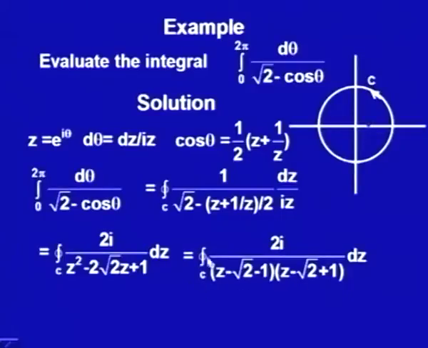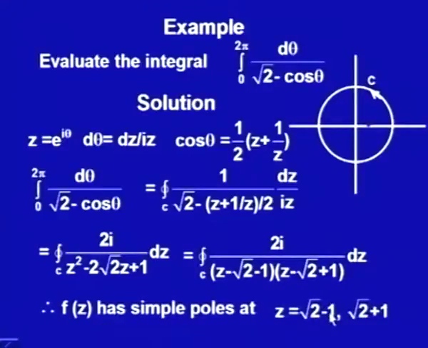My contour of integration is the unit circle. So, certainly √2 − 1 would be inside this one, but √2 + 1 would be outside. So, f(z) has simple poles at √2 − 1 and √2 + 1. So, √2 − 1 is certainly the point which is inside the contour.